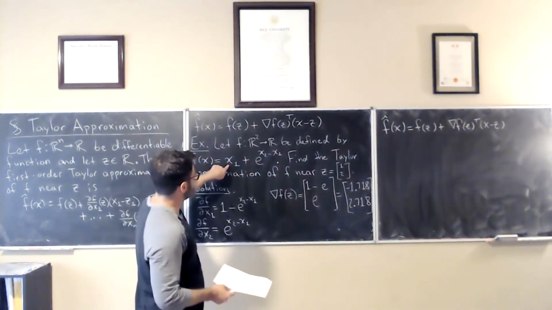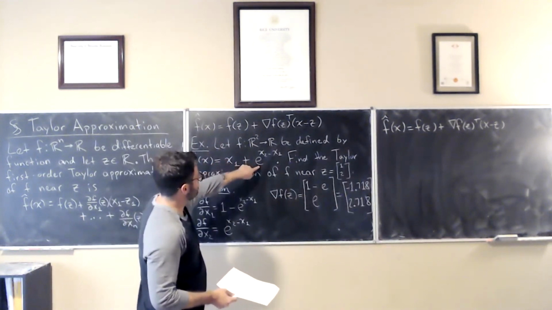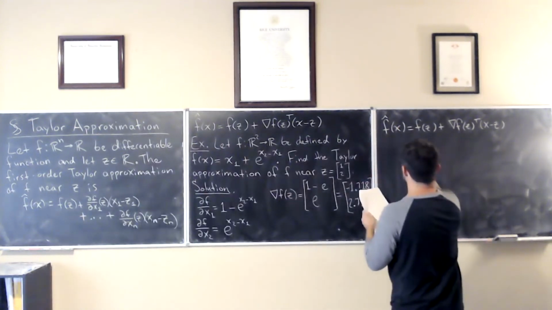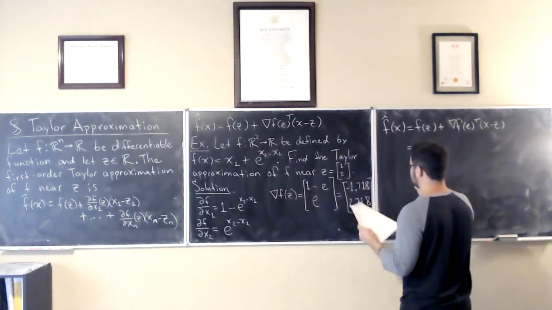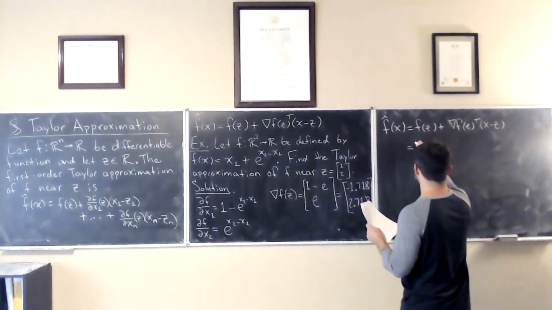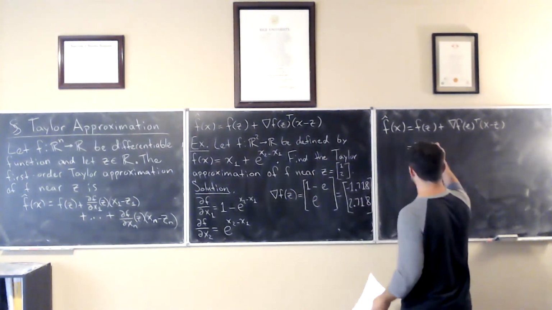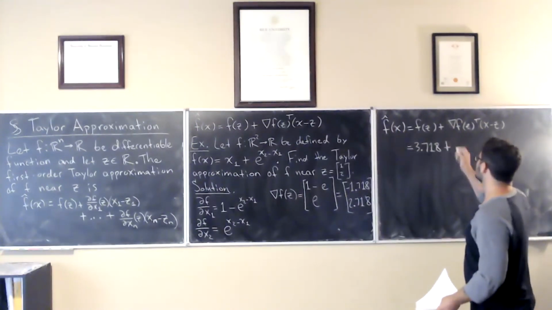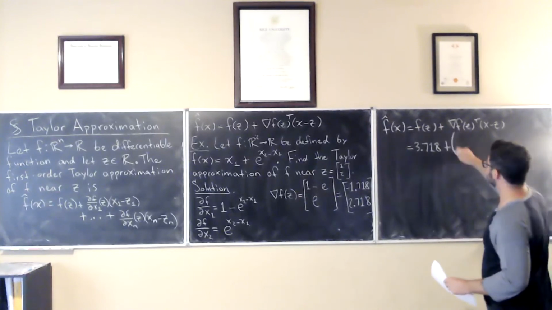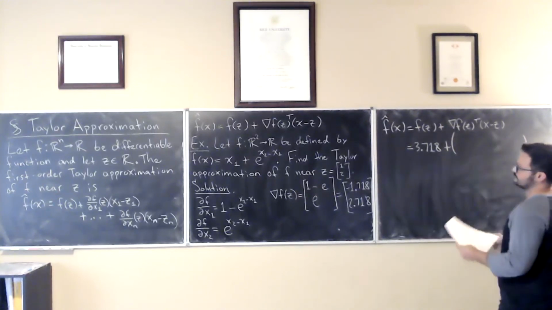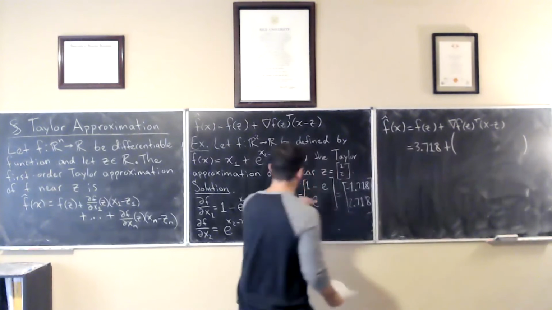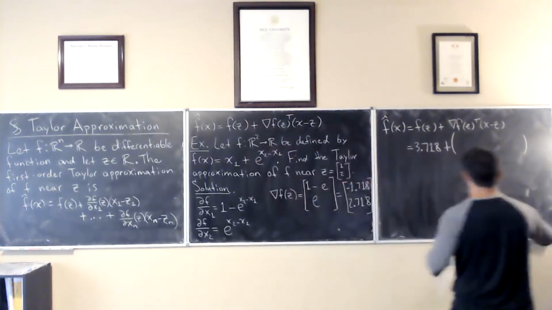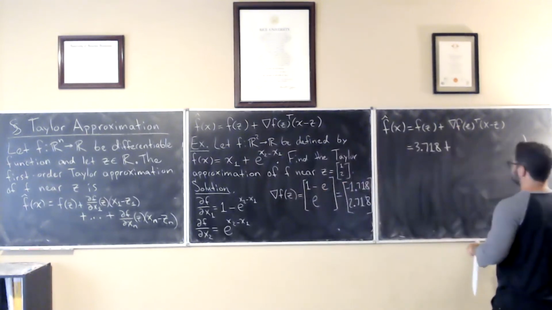So 1 plus e to the power 1. So it's going to be that plus 1. So it would be 3.718, for that one right there. Plus this inner product. So this times that. So maybe I'll just write it out like that.